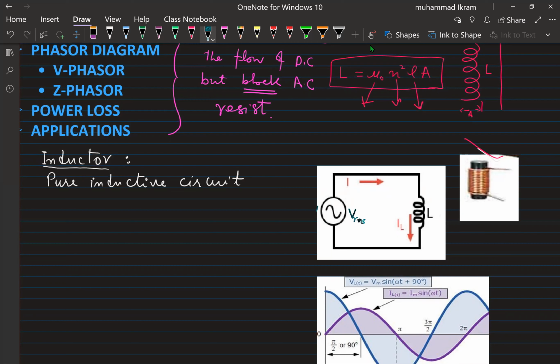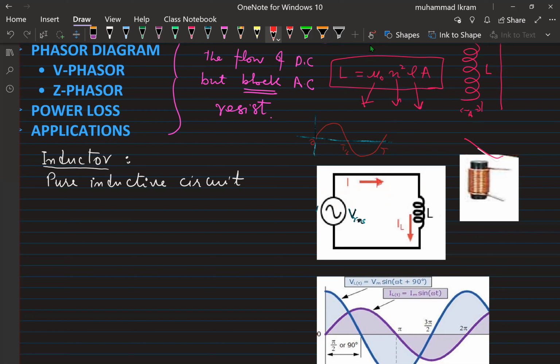So this is our AC source. Let us say that when the voltage is established across the circuit, this is 0, this is T, so this is T by 2. Let us say that from 0 to T by 2, the direction of the current is this one.